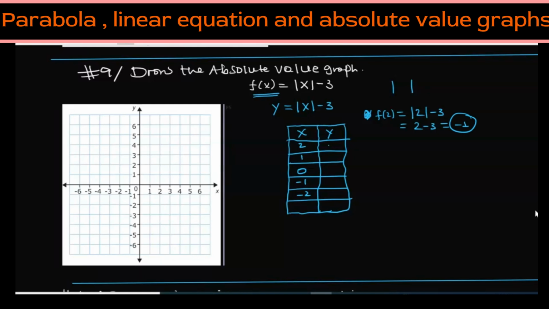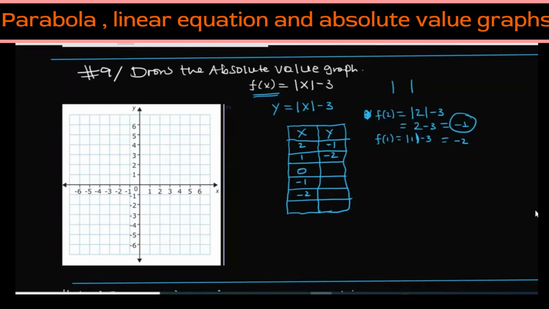So when I have 2, my y value is negative 1. Follow the same way and fill the table. f of 1 is equal to absolute value of 1 minus 3. 1 minus 3 is minus 2.